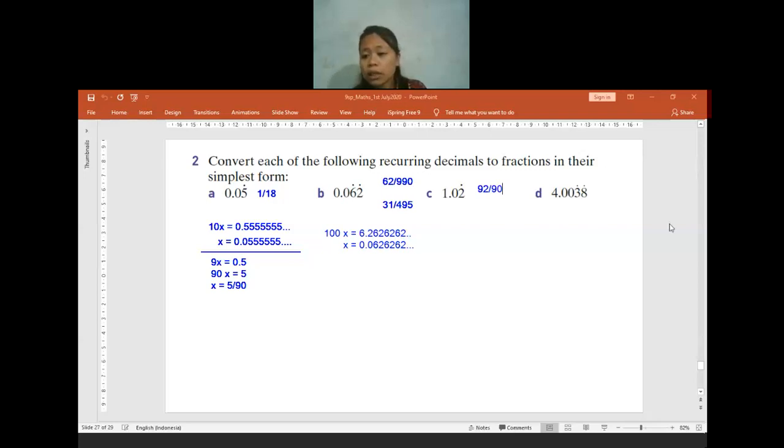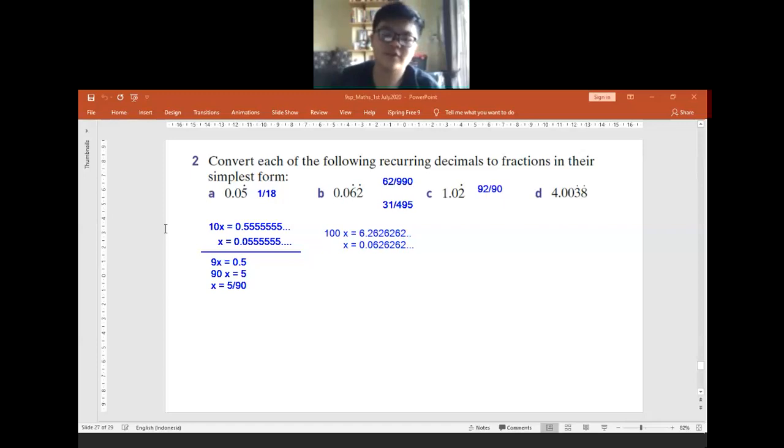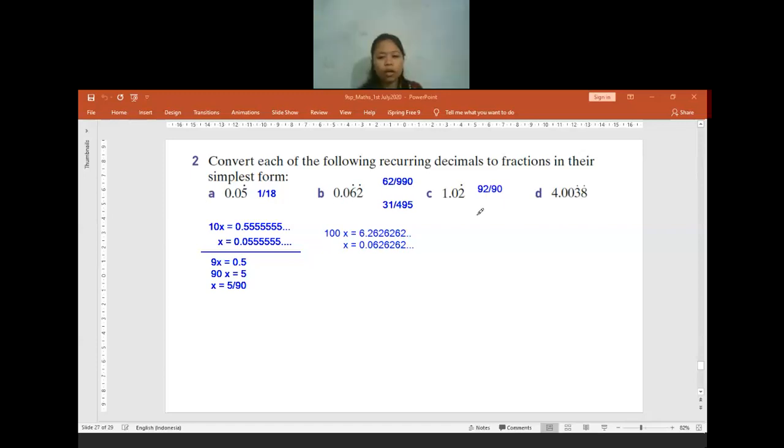If none of you ask anything, then it means it's clear and I will not go deep. Can we simplify this? 1 and then 1 per 45. Good job. 1 per 45, right? Is it like this? Okay.